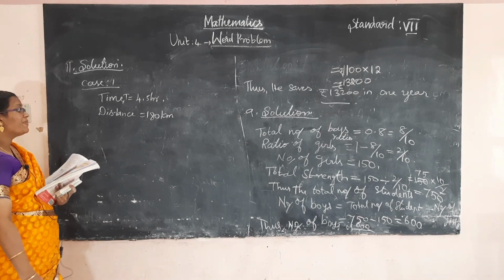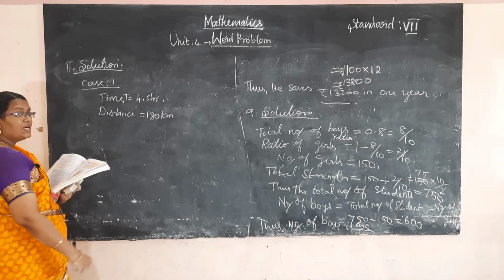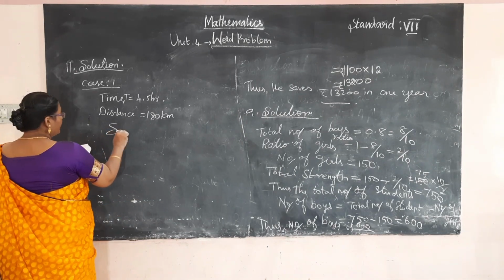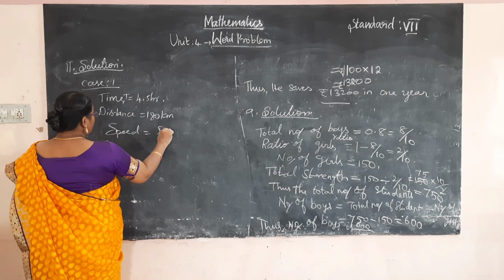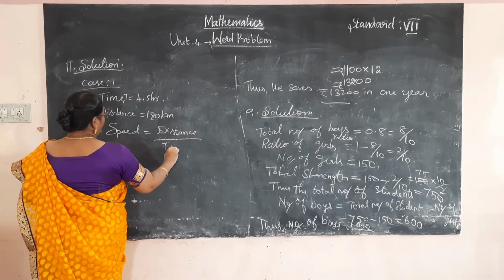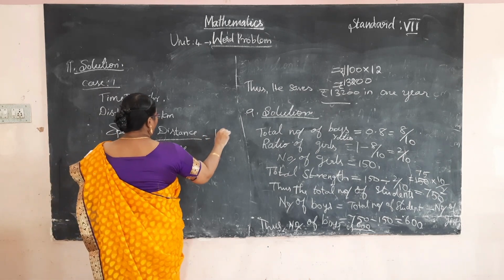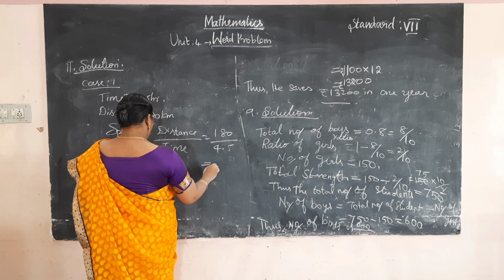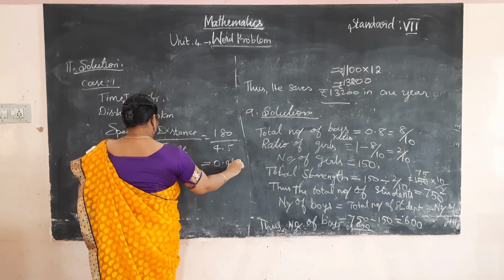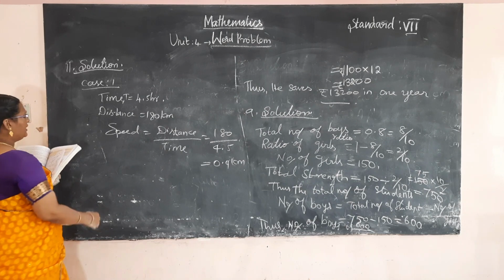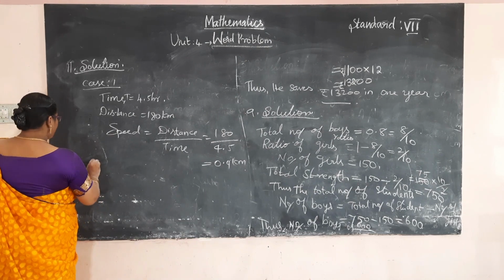Now we have to find out the speed. What is the formula for speed? Speed is equal to distance by time. So what is the value? 180 by 4.5. So it's divide, what we get? 0.4 kilometer. The speed is 0.4 kilometer. And next case, second one.